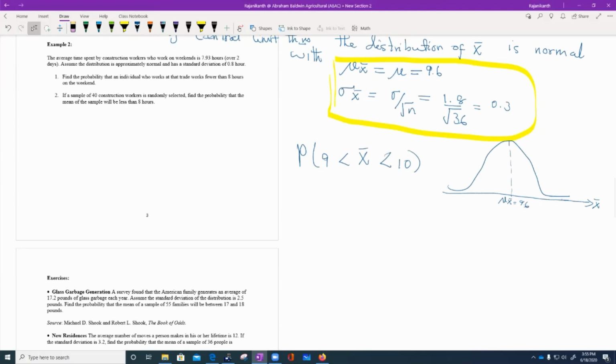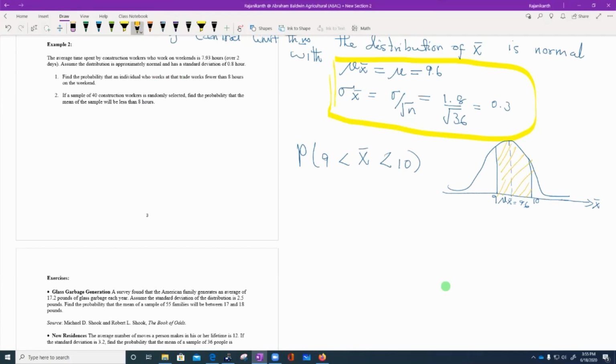But you need to find the probability between 9 and 10. So 9.6 is here, 9 will be somewhere here, and 10 will be somewhere here. We need to find the area of the in-between region. This is the area we need now. Since my curve is a normal distributed curve, you could use the normal CDF function to find the area.